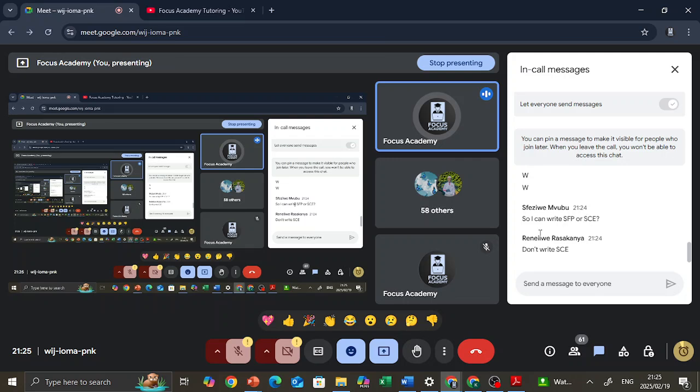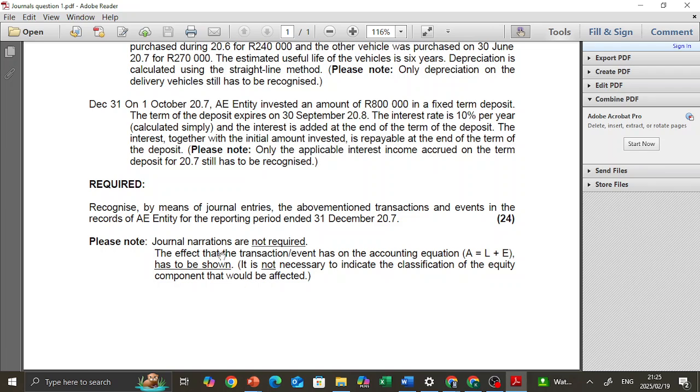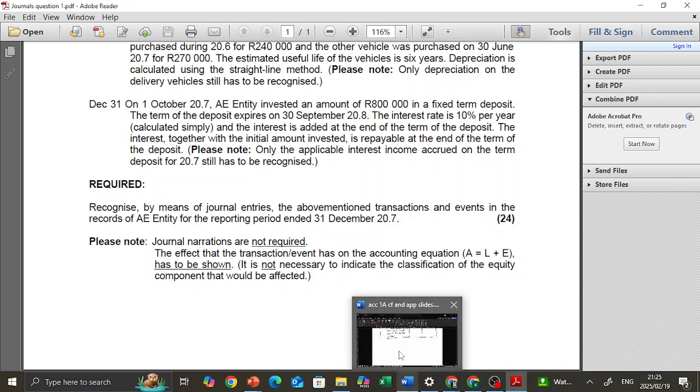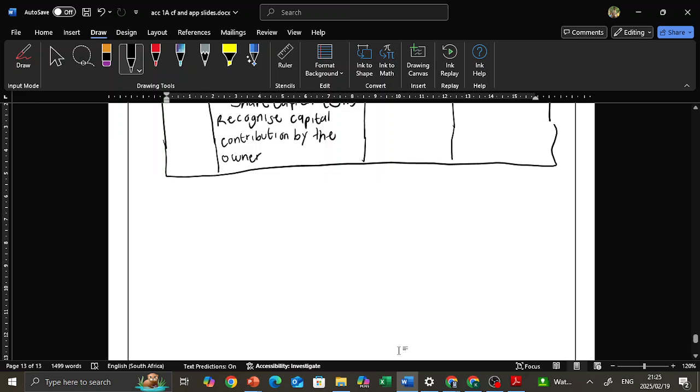Right, so we have 4 minutes left. What we're gonna do is check it out. It says the effect of the transaction and event has on the accounting equation. So here, guys, when you are doing the accounting equation, please ensure that you include equity. When they were saying equity component, they just meant that you don't have to make the reference. Make sure that you include equity when you're doing your accounting equation.